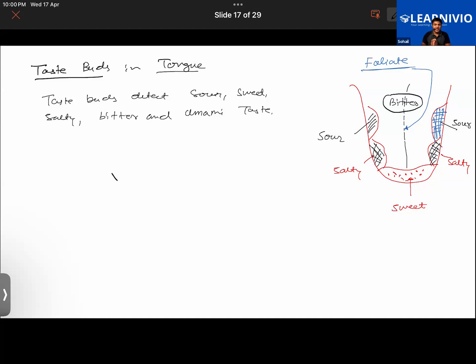Understand this first. Then that information is sent to the brain, and our brain processes it and decides whether it is sweet, salty, sour, or what the taste of that food is. Are you able to understand what I'm trying to say?